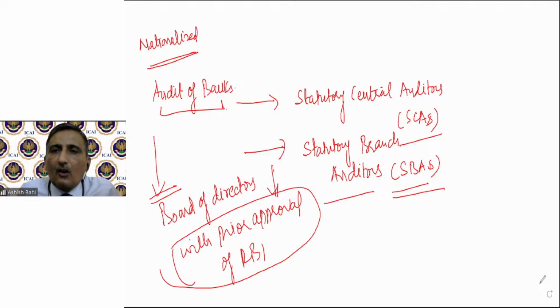It does not allot the audit. This panel after vetting is sent by RBI to the commercial banks, to the nationalized banks, who appoint their auditors from that panel. But before appointing some firm as auditor, obviously they again seek approval of RBI.